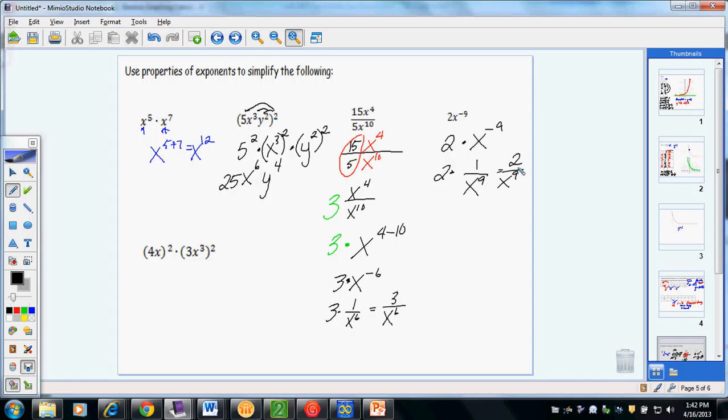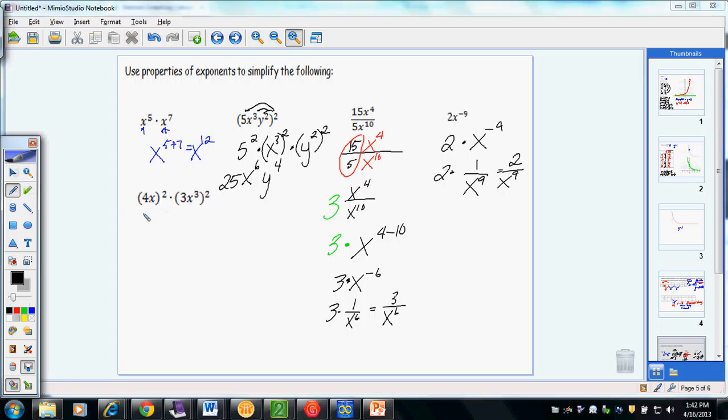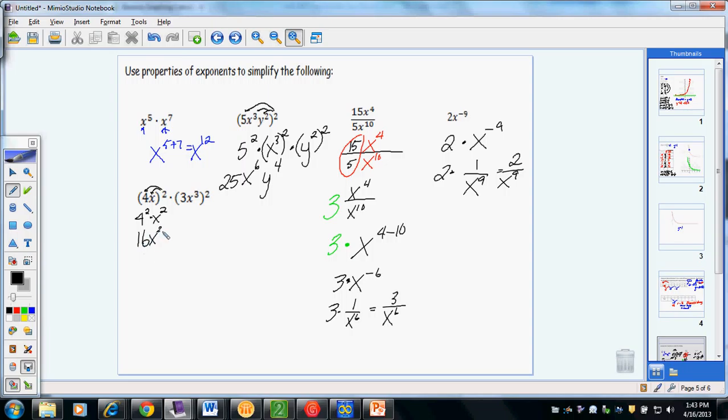Okay? So right here, we're going to have many steps involved in this situation, so let's give ourselves a little bit of room. Here, when we take this square, we're applying it to the 4 and to the x. We have 4 squared times x squared, which equals 16x squared.